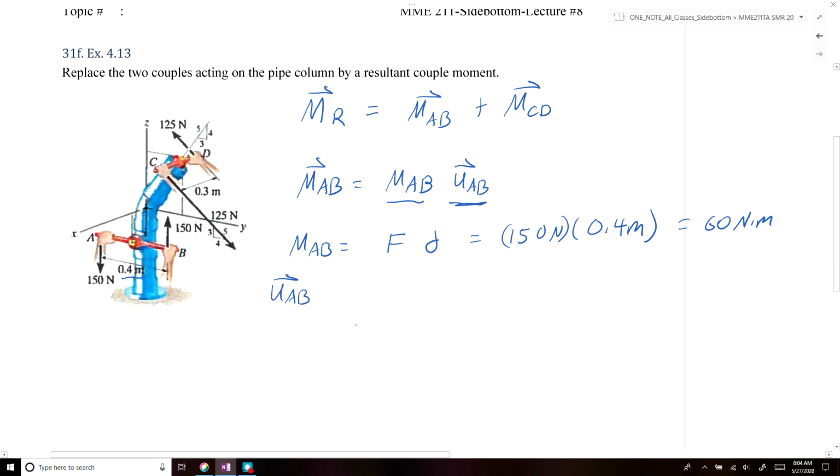UAB we know will be perpendicular to both F and D, and so we can use the right hand rule.